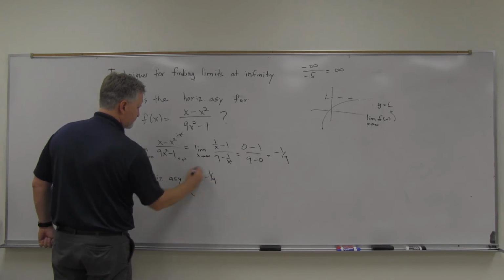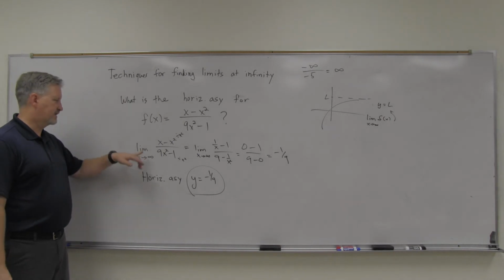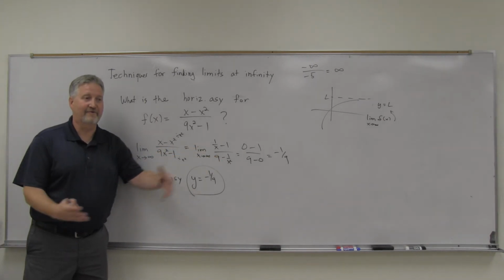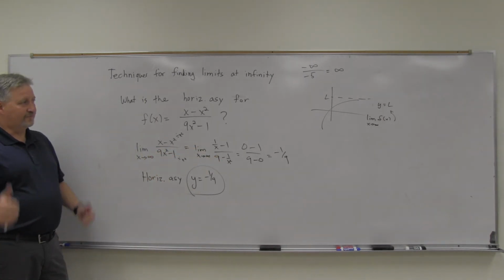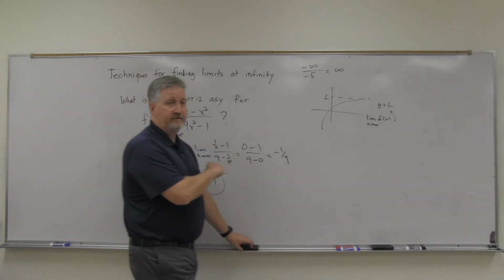Okay? That's where it levels off. Like I said, what would change if I did negative infinity? Not a thing. I would still get the same answer, so it doesn't matter if I went to negative infinity, the same thing.